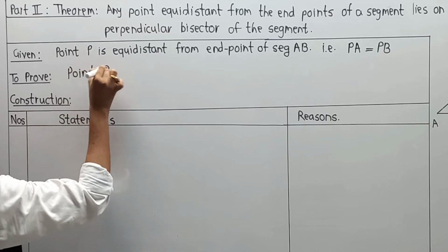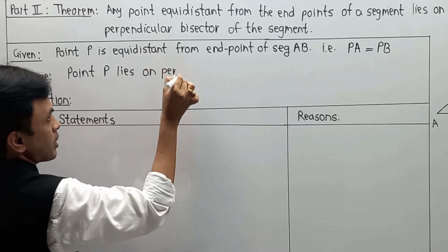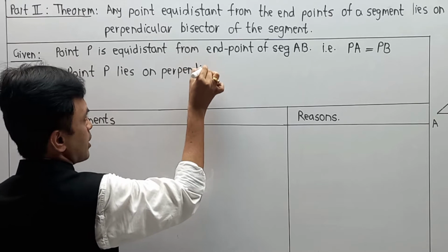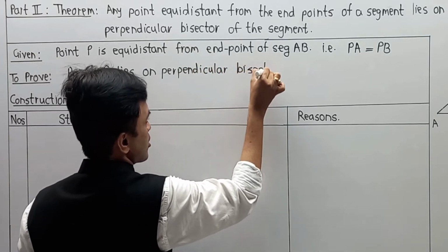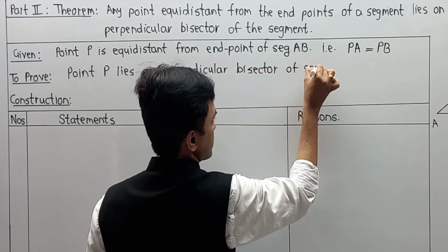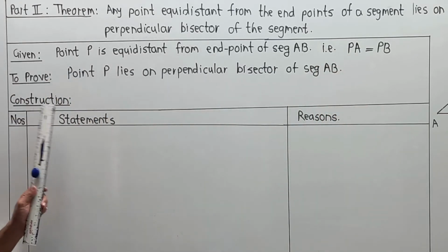Point P lies on perpendicular bisector of segment AB. Now, what exactly have we done in the construction?